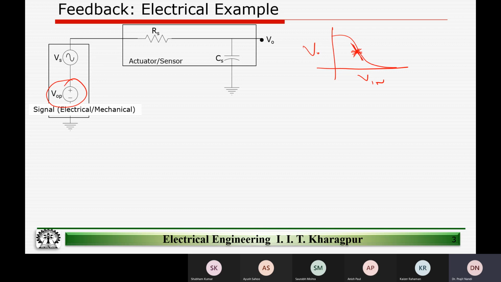The gain, which is nothing but del V out by del V in, is maximum, right? But to bias the module at this point, we need some biasing condition. This is achieved by having the operating point voltage shown here.